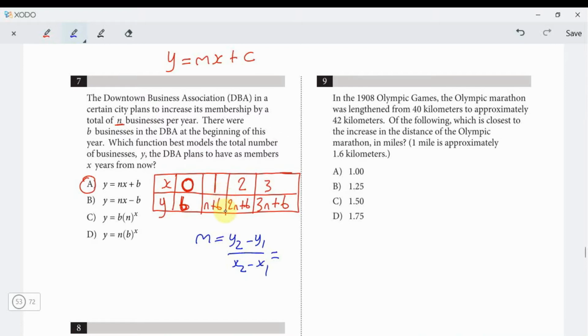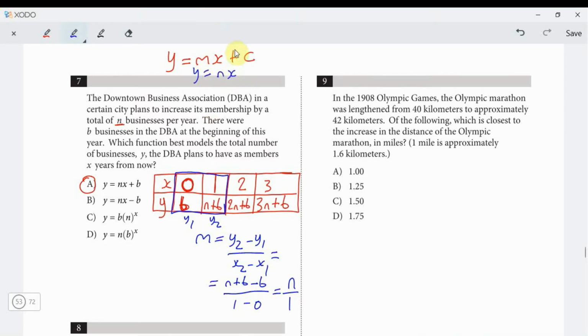So using these 2 points, y2 is N plus B minus y1, which is B, over x2, which is 1, minus x1 of 0. N plus B minus B is N. 1 minus 0 is 1. So already we get that the gradient m is N. So that's y equals Nx.